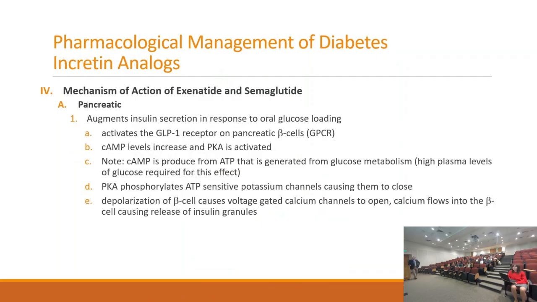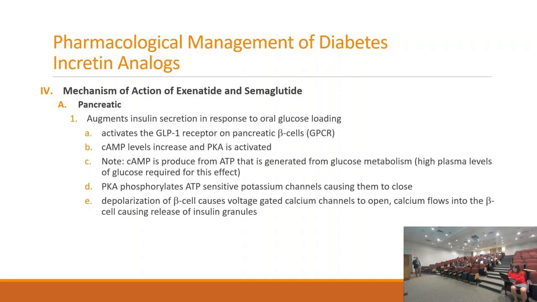Okay. So in terms of the mechanism of action of our incretin drugs in general, I have exenatide and semaglutide there, but this applies to all of the drugs that Dr. Coles is going to be talking about. From a pancreatic standpoint, we know that the incretin hormones augment or increase insulin secretion from pancreatic beta cells in the presence of a large oral glucose load.